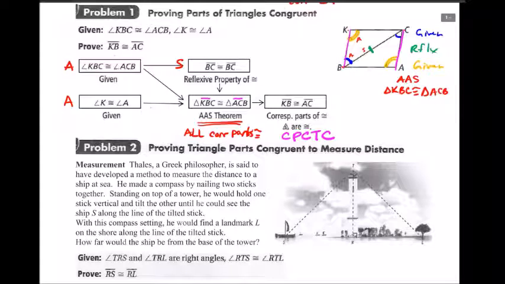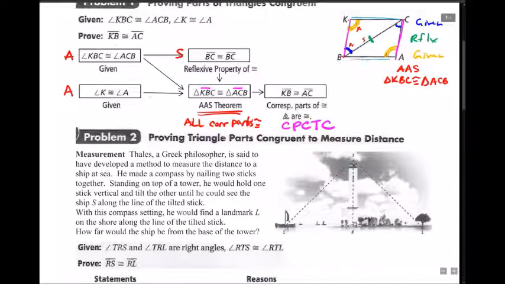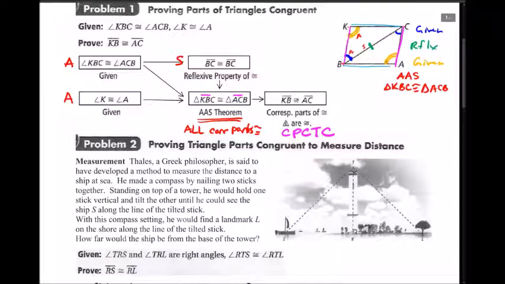We could do this with any of the unmarked sides. We could look up here and relate this side, KC and AB. Those are not currently marked. But because our triangles are now congruent, we know those sides are congruent. We have this angle here, right?